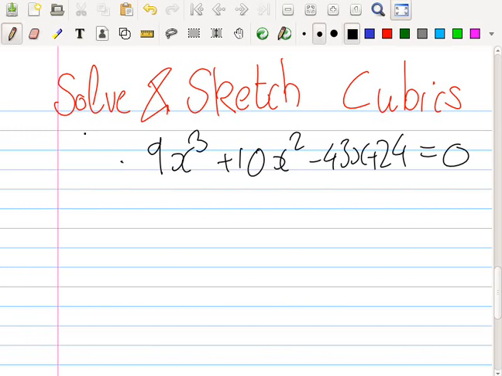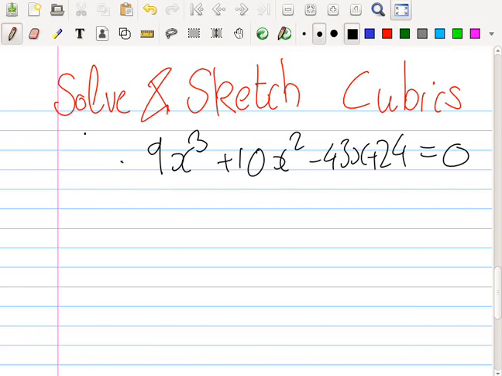Well, to solve it means you need to find the factors, basically, right? How many factors would a cubic typically have? 3 factors. If you think back to the long division lesson, you know how to find the 3 factors. You do long division, right? But you need something I haven't given you to begin with.